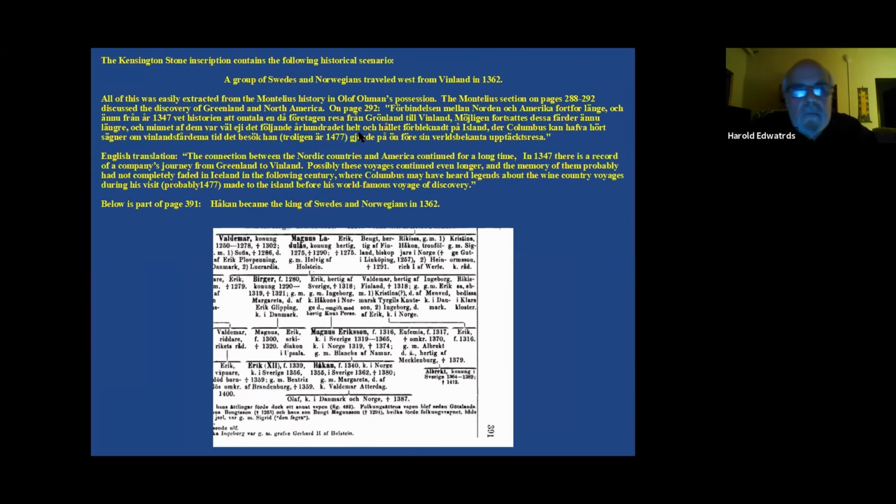Furthermore, the Montelius book has sufficient information in it to get all the historical information that's contained in the inscription itself. The inscription, if we boil down the historical material in there, is that a group of Swedes and Norwegians came west from Finland in 1362. Montelius says on page 292, and I've got the English translation of his Swedish, the connection between the Nordic countries and America continued for a long time.